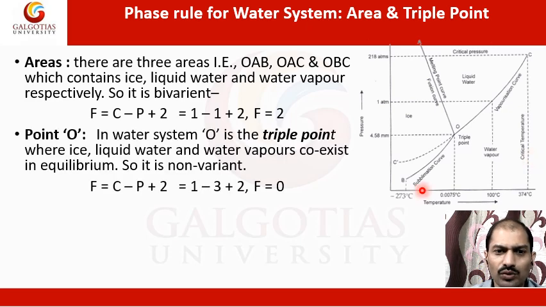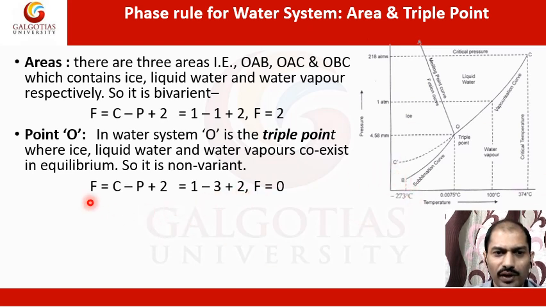Now coming to another very important point, the triple point. In this graph, at the triple point, ice, liquid water and water vapor coexist in an equilibrium state, so it is non-variant. How is it non-variant?